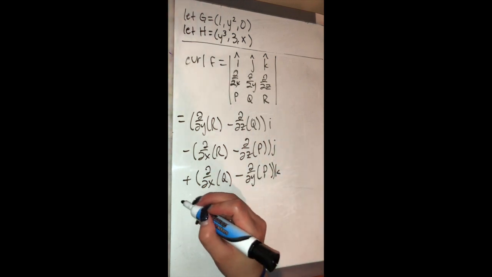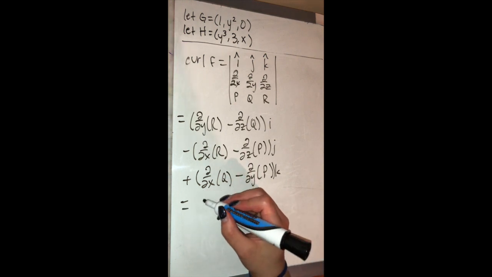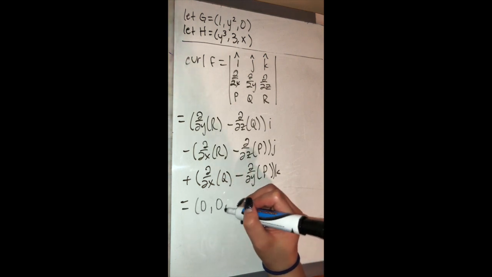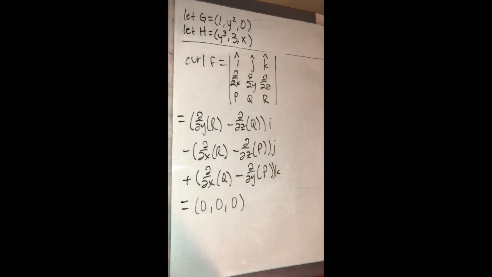So when you simplify it, you should get the 0, 0, 0 vector. This means that your vector field is irrotational.